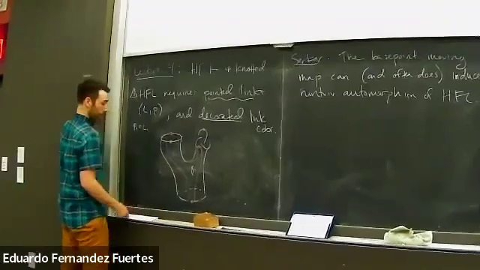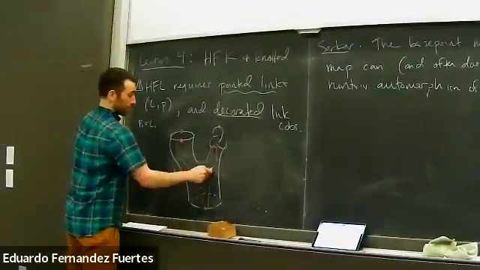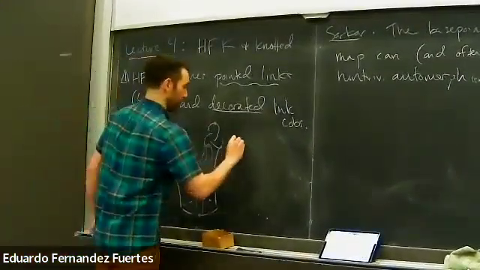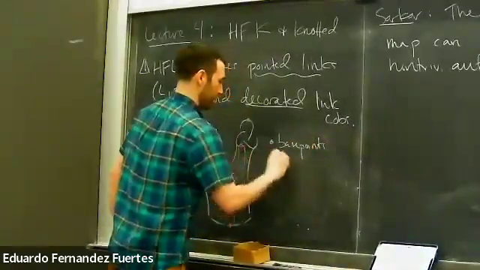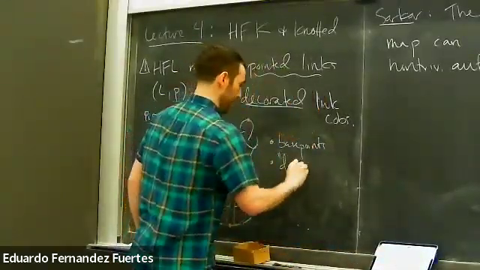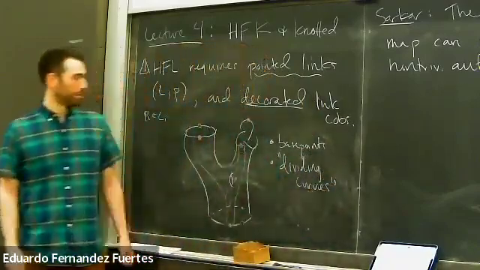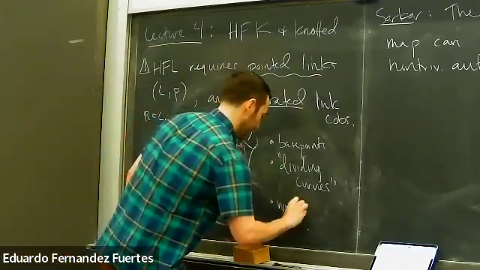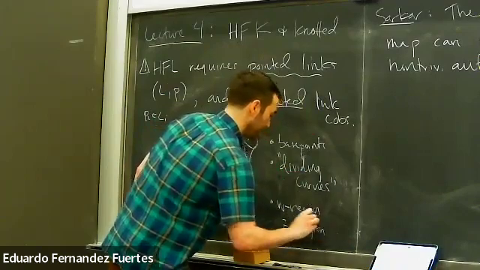Okay, so I may or may not have drawn enough, but the point is that in addition to our base points, we're going to have some dividing sets, or dividing curves, and they're going to separate our surface into what we're going to call a W region, or a W subsurface, and a Z region, or a Z subsurface.